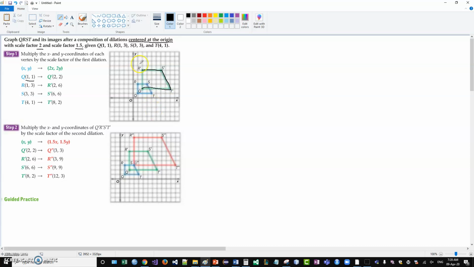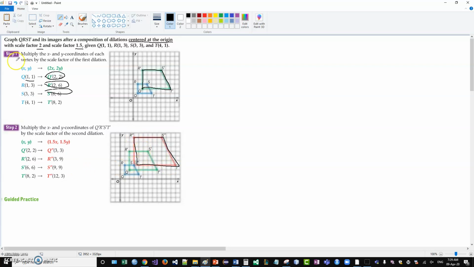And then for the second dilation, again, you multiply these by 1.5. So (2, 2) times 1.5 is (3, 3), (2, 6) times 1.5 is (3, 9), and so forth. And now you get the second dilation.